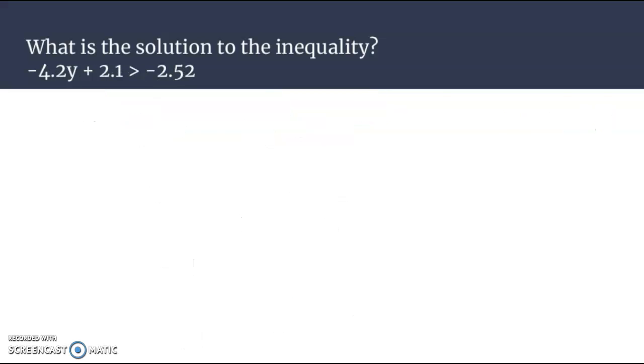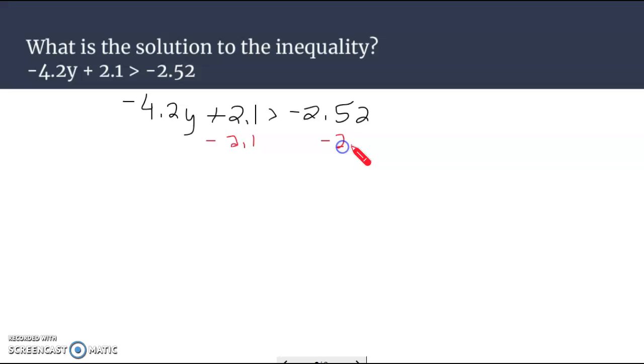Alright, let's look at one more. This time we're dealing with decimals. Let's get it rewritten here. Negative 4.2y plus 2.1 greater than negative 2.52. Step 1, we're going to get rid of the 2.1 by subtracting it from both sides.